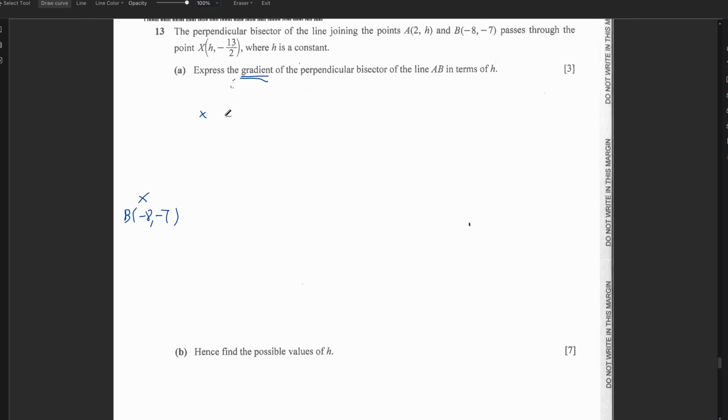Then my A is probably here, (2, h). Draw a line across and let the midpoint be C, because it will concern us later on. The perpendicular bisector is going to cut through C and X.